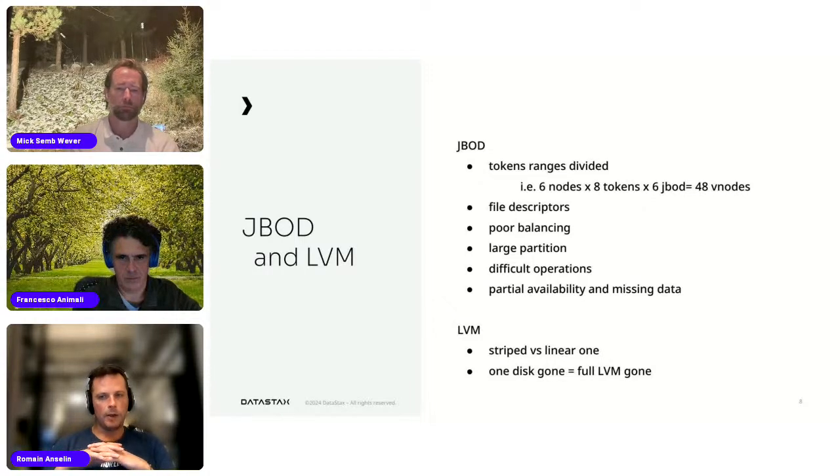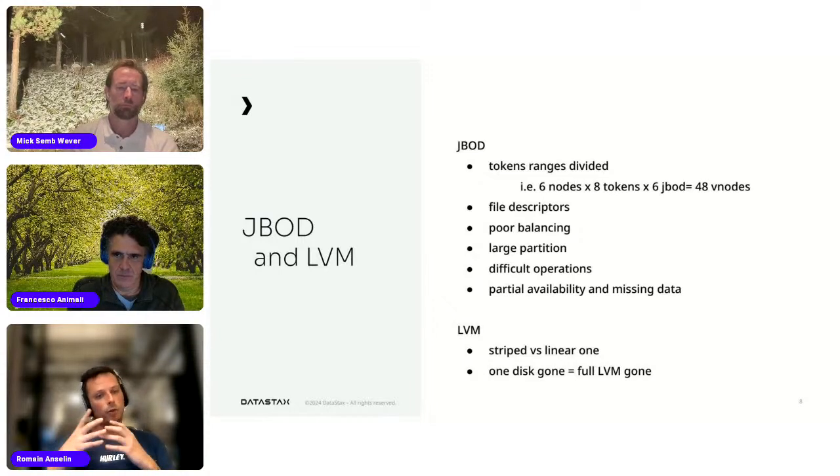First of all, JBOD acts as a kind of sub-vnode, so it will split your ranges into specific disks. So you end up multiplying that. There's another nasty effect I've realized over the years, which is the file descriptors I mentioned. Normally when you write data into your environment, you would flush one SS table.